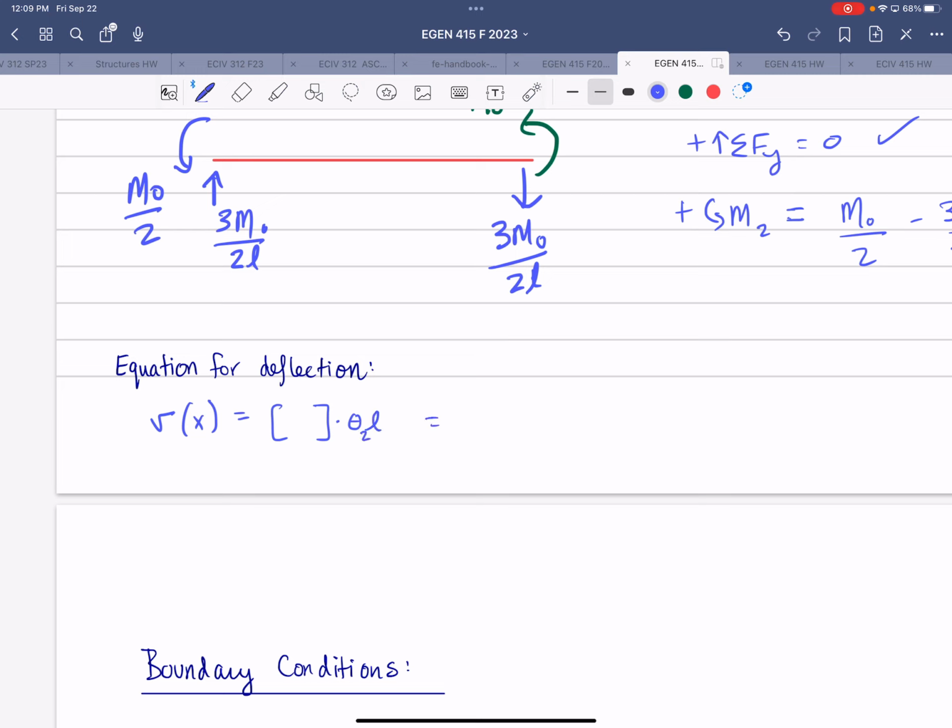Once we plug everything in, we get negative M0 L squared over 4EI times, in parentheses, x squared over L squared minus x cubed over L cubed. All right, questions?